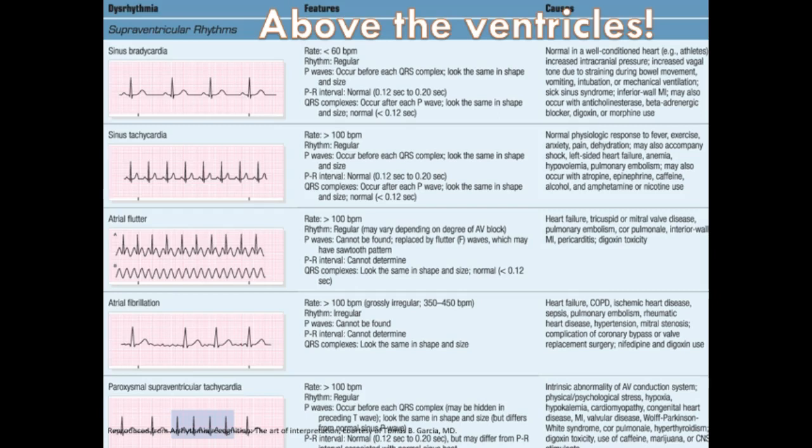Sinus tachycardia, on the other hand, is a rate that is specifically above 100 beats per minute. And this is where we get into splitting hairs. To actually define some of these things, you need to know the specific numbers. So sinus bradycardia is less than 60 beats per minute. Sinus tachycardia is greater than 100 beats per minute. It's a regular rhythm.